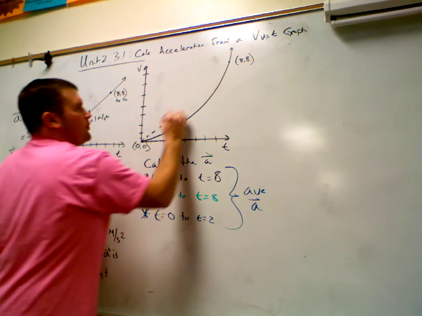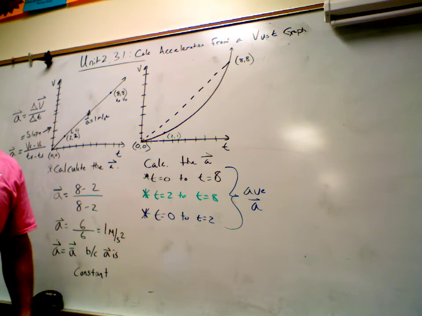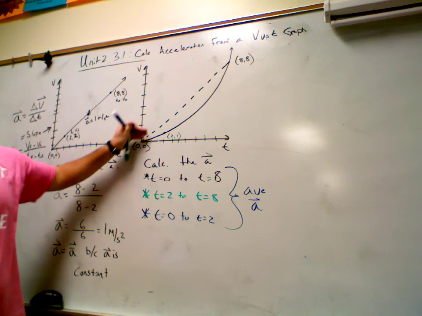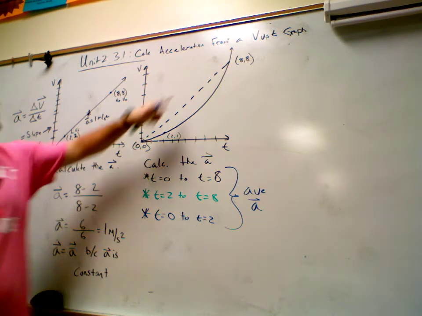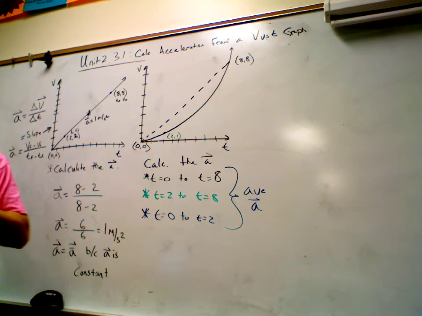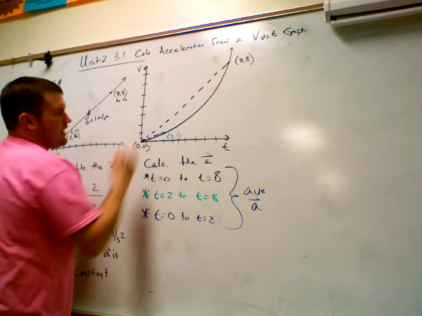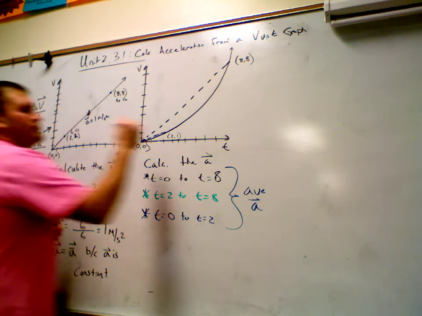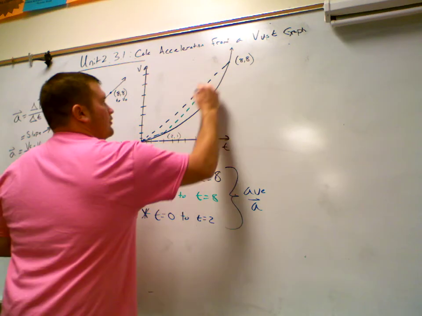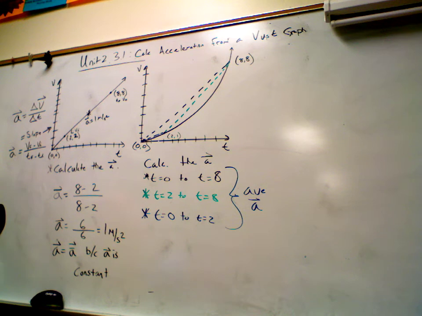It would be the slope of that line. At some points, the slope of this line would be greater than the slope of this one, right? At other points, it would be less. It's an average acceleration. Same thing if I go from 0 to 2, it'd be the slope of that line, right? Or if I go from 2 to 8, it'd be the slope of that line, right?